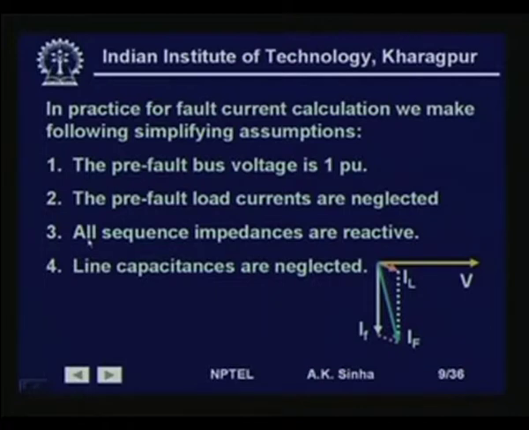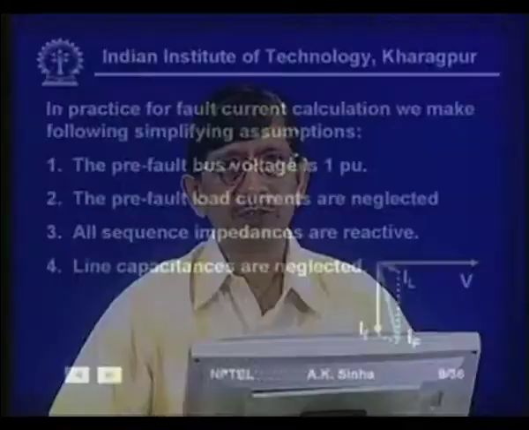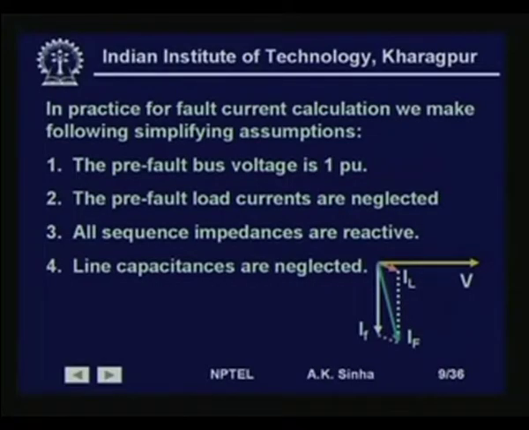Another assumption that we make is that all sequence impedances are reactive. As I already said earlier, for most of the equipment in power system, the reactance is much larger compared to the resistance, and therefore, the resistance value is neglected most of the time. Also, another assumption that we make is line capacitances are neglected.